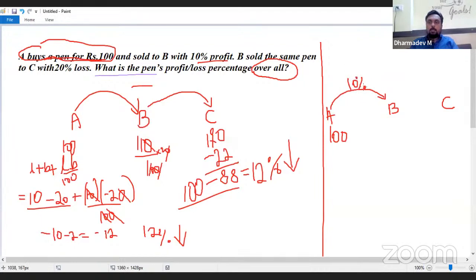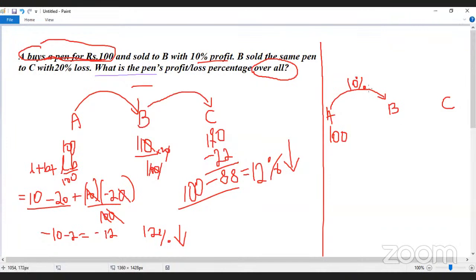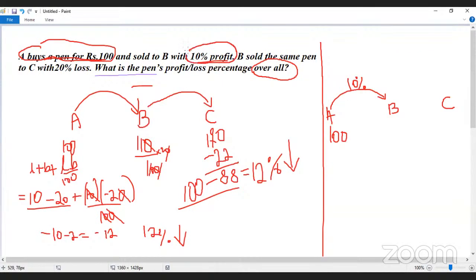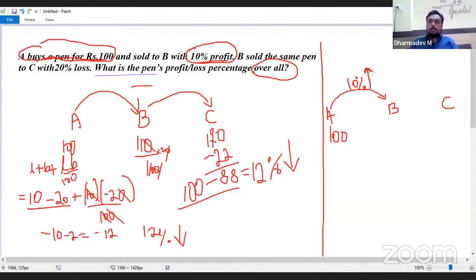So what do you mean by profit? Is he selling it for more or for less? When I say 10% profit, he is selling for more. So he's selling for 10% more.